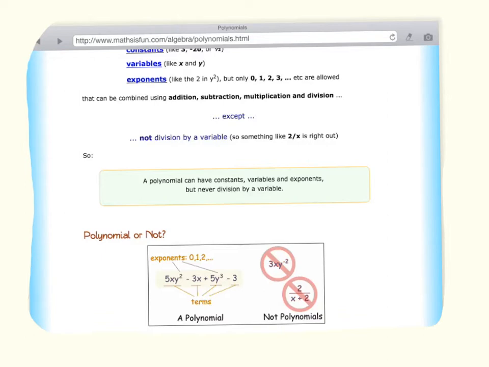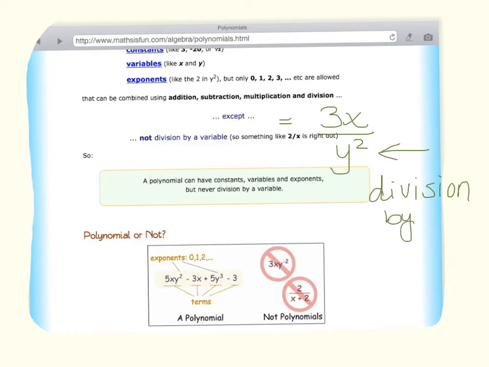That becomes 3x over y squared, because in order for that exponent to become positive, it has to relocate to the bottom. So now what we have is division by a variable. And that means it's not considered a polynomial. So we would say that is not a polynomial.